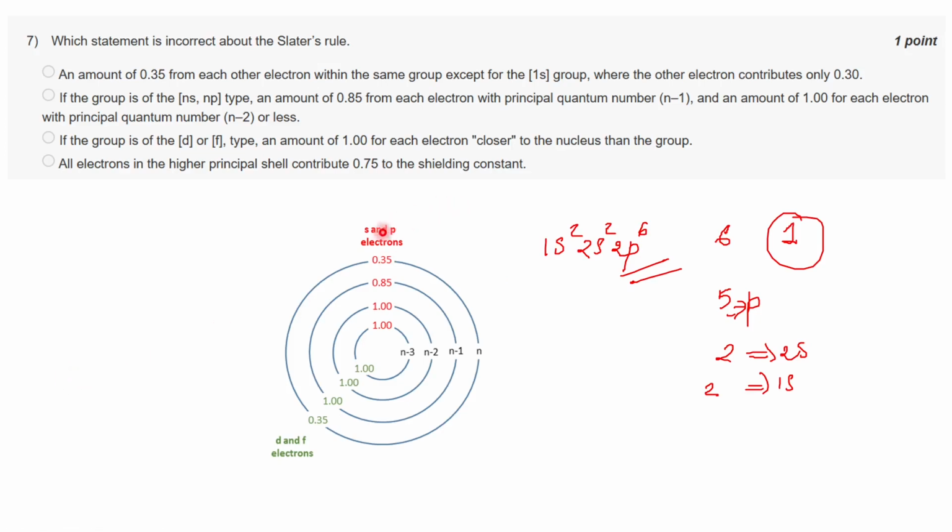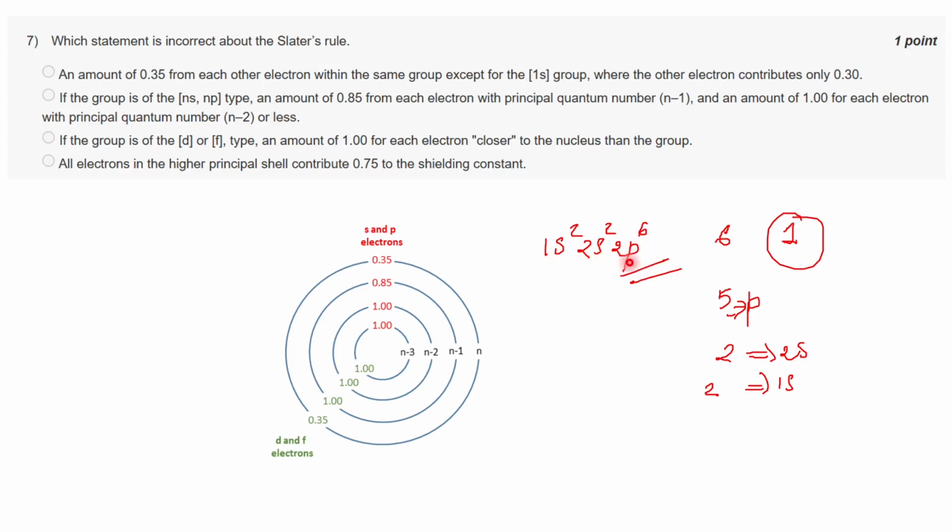Slater's rule essentially says that whenever we are looking at s and p electrons, that is, if we want to calculate the effective nuclear charge for p or s electrons, then we have to follow this rule. This is for the case where the other electrons are in the same shell. For example, here if I'm looking at one 2p electron, I have to take the 2s and 2p together.